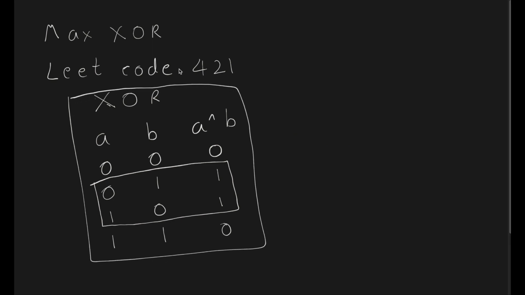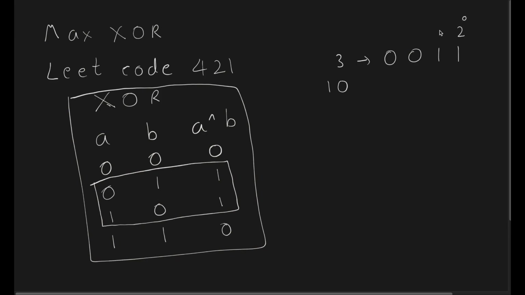And what do I mean when I say XOR of, let us take randomly, the numbers 3 and 10. So 3 can be written as 0 0 1 1, that is, this is 2 power 0, this is 2 power 1, 2 square, 2 cube. And 10 can be written as 8 plus 2, so 1 0 1 0.